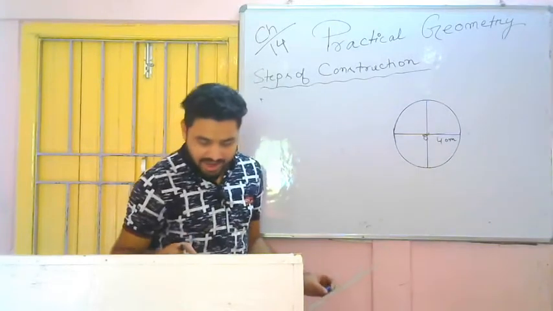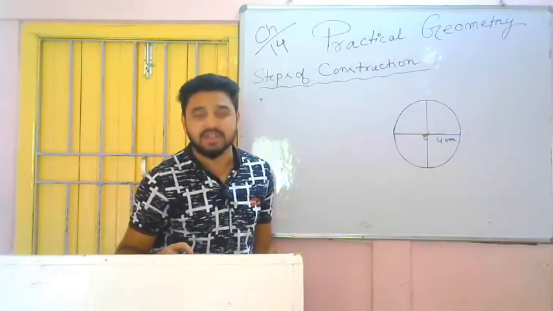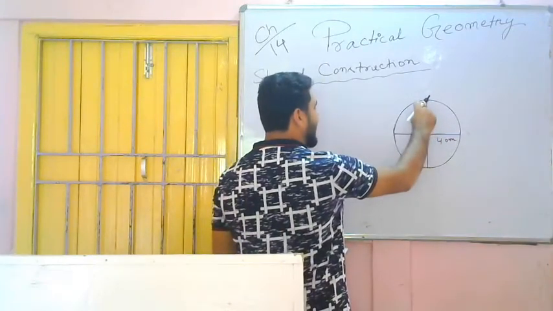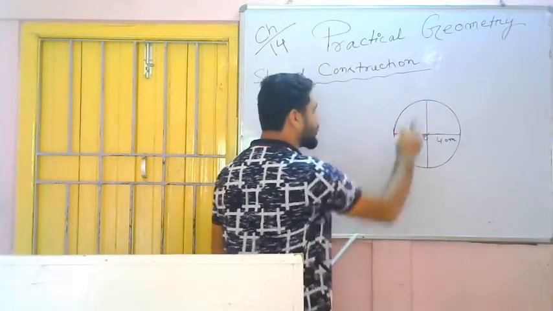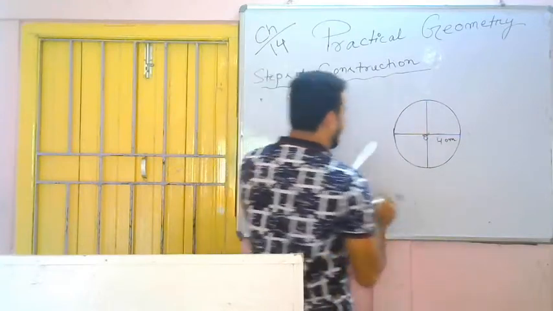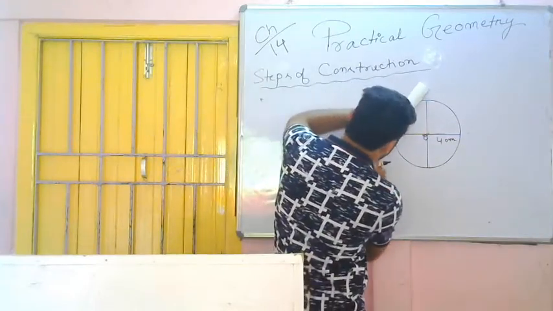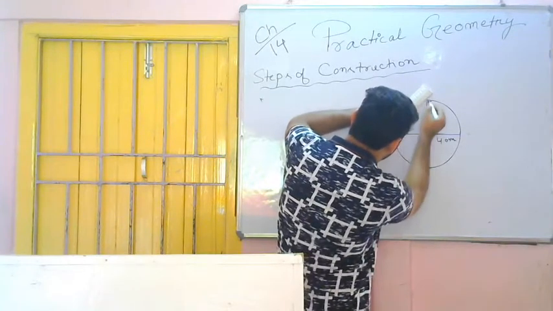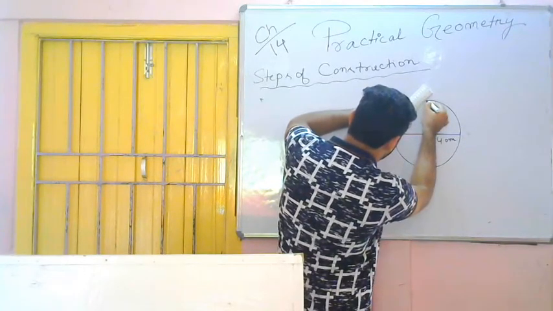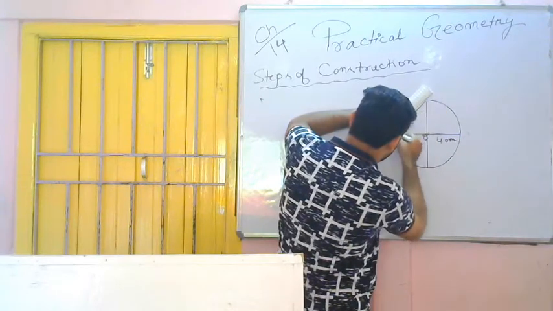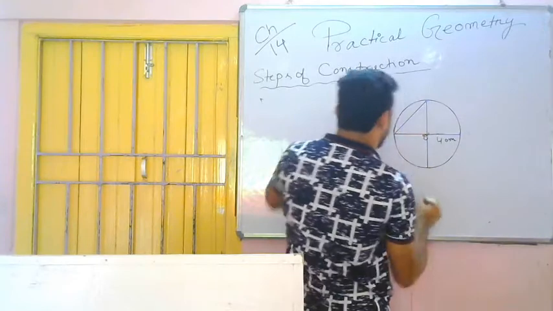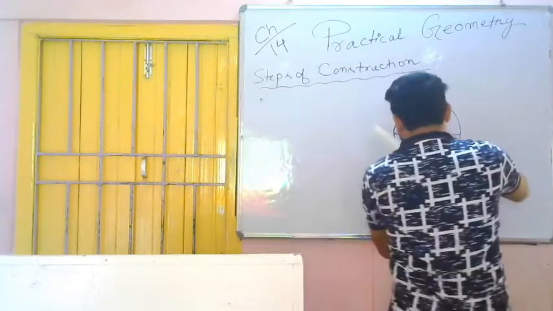Now the question is asked, join the ends of these diameters. That means this is the end of this diameter and this is the end of this diameter. So I have to join all the ends of the diameters. If we join like this, you join the ends of the diameters. You joined all the ends of the diameter.